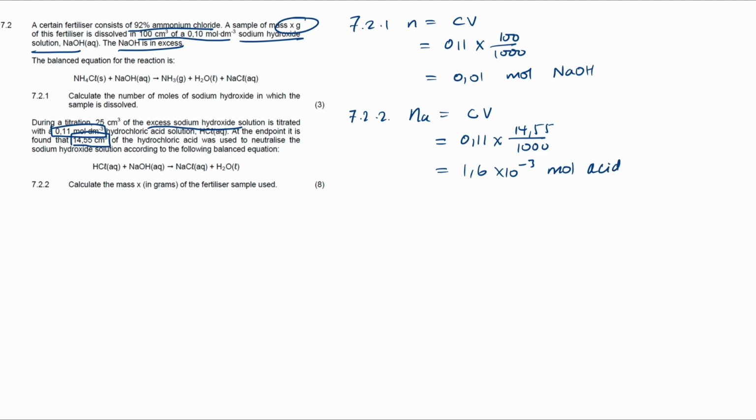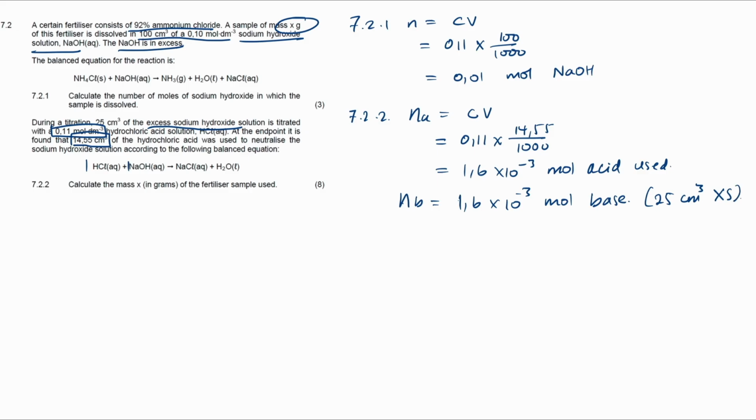and that's equal to 1,6 times 10 to the minus 3 moles of acid that was used. Now from here we can do a mole ratio to figure out the number of moles of base that was used. So the number of moles of base, because it is a 1-to-1 ratio, is also going to equal 1,6 times 10 to the minus 3 moles of the base. Now bear in mind, this is in 25 cm³, and this is the excess base.